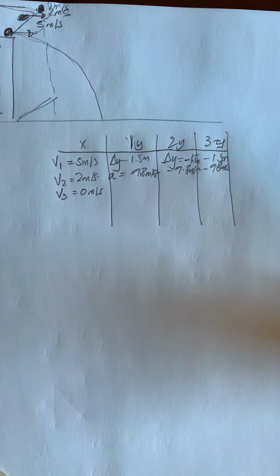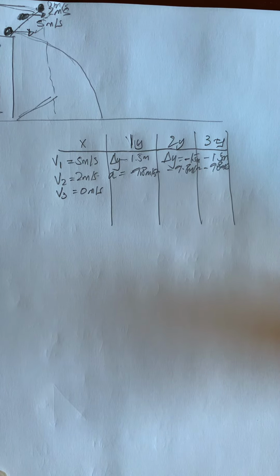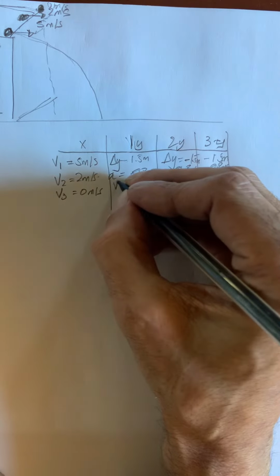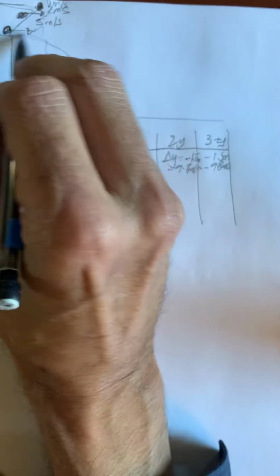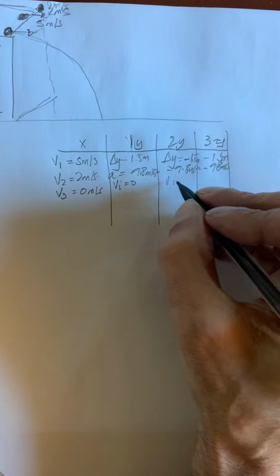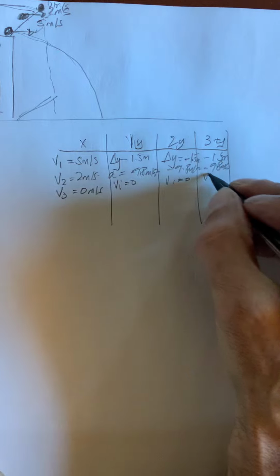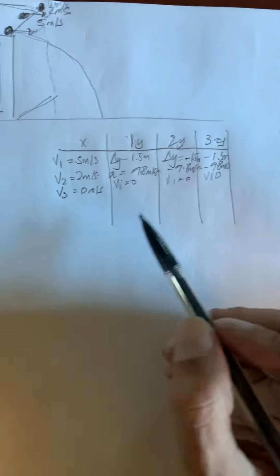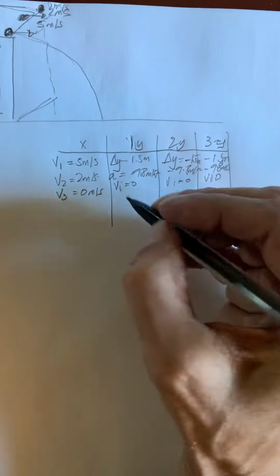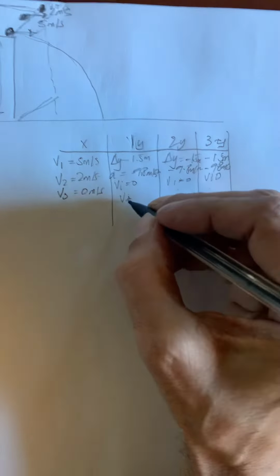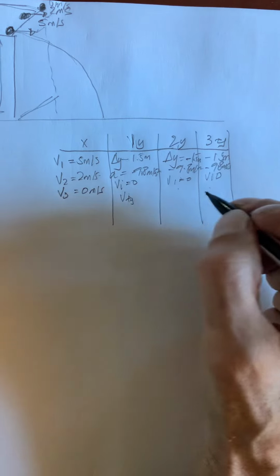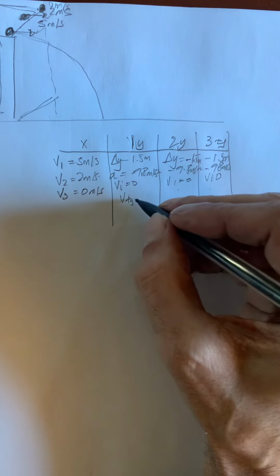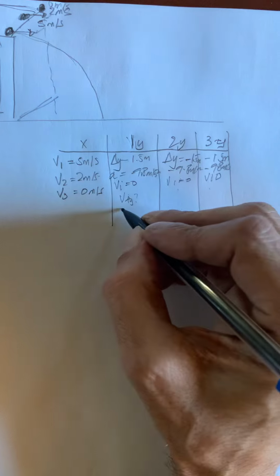And so we say, okay, VI is 0 over here because he's going off horizontally, and also 0 for him, and also 0 for him. Wait a second, they're all the same, which means anything I calculate in terms of VF in the Y direction, how would that change?